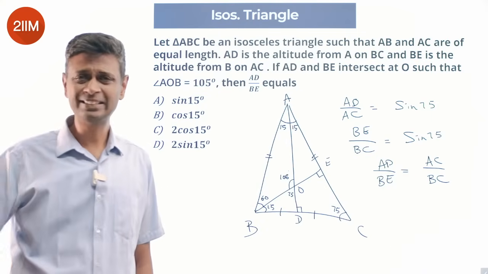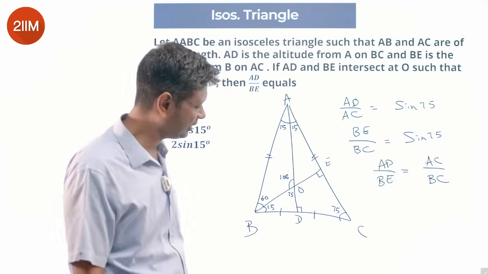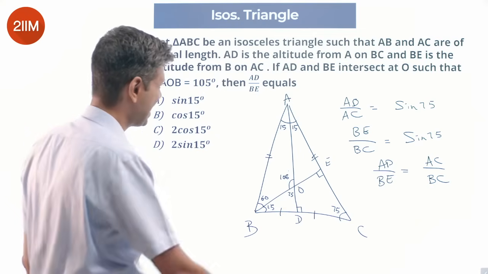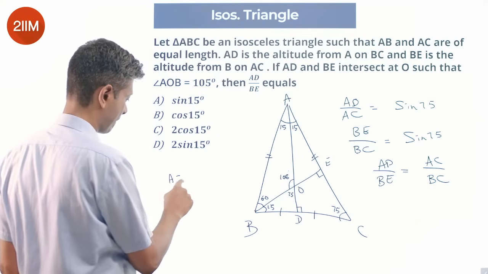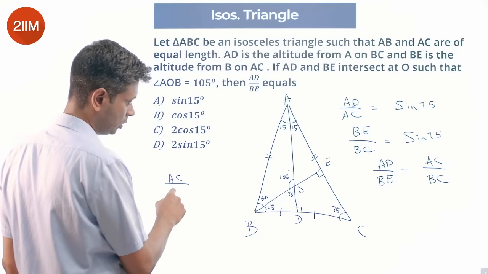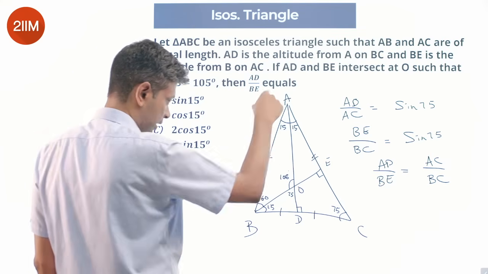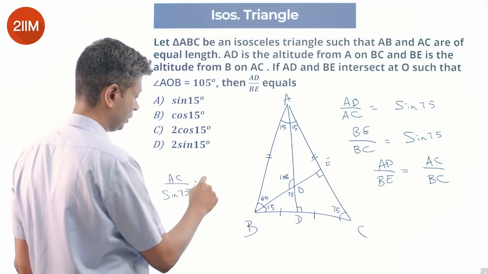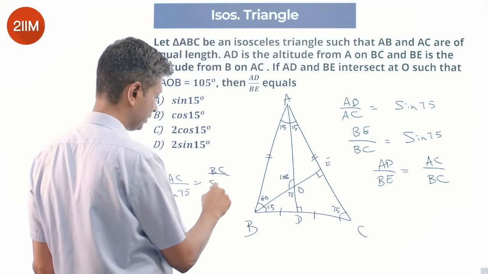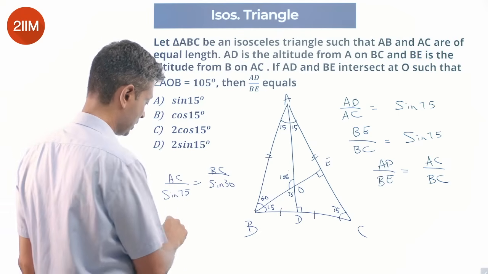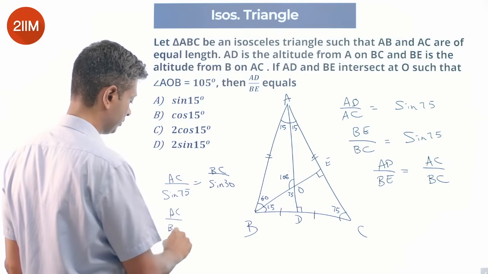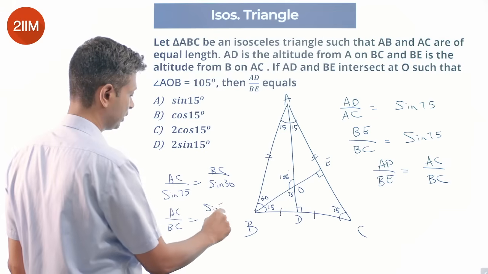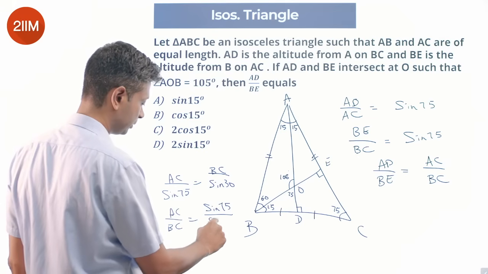So we're looking at AC by BC. I can just plug in sine rule, I'm through. AC by sine 75 equals BC by sine 30. AC by BC is sine 75 by sine 30.